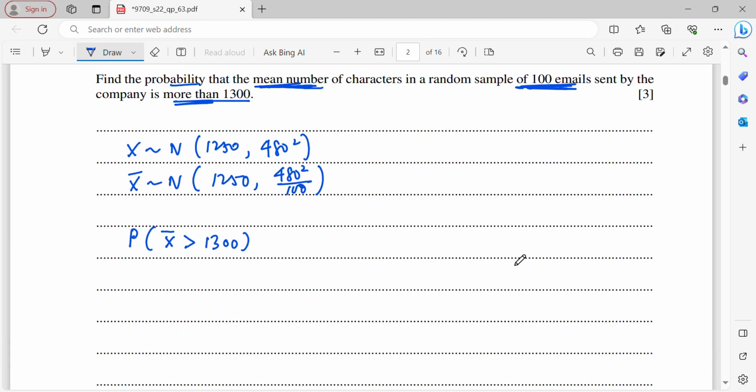Since your sample mean is normally distributed, we will standardize it. X is normally distributed with mean mu and variance sigma squared. For the sample mean X bar, the variance is over N. Let me show you the original formula: X minus mu over sigma.